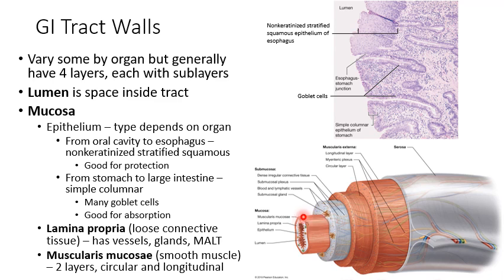This image here is a microscope image of the tissue in the esophagus and stomach, right at the junction between the esophagus and the stomach.